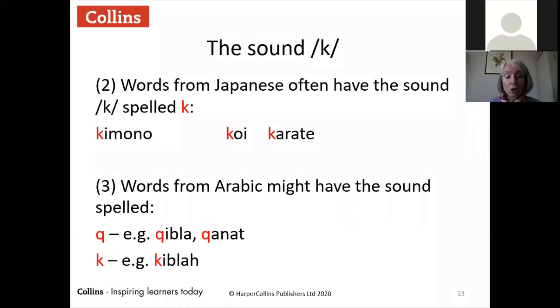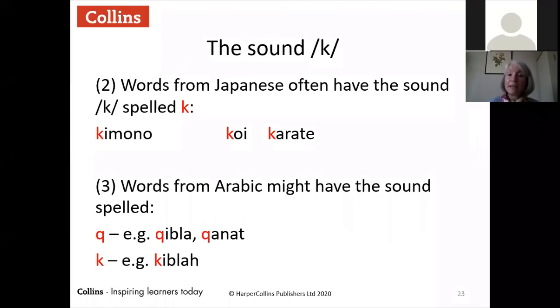Also with the sound K, ask where it comes from. If the answer is Japanese and not Greek, then it's probably spelled with the letter K: kimono, koi, a type of fish, karate. If the answer is Arabic, then it could be a Q with no U following it, as in Qibla or Kanat, or it could also be a K, as in Kibla.